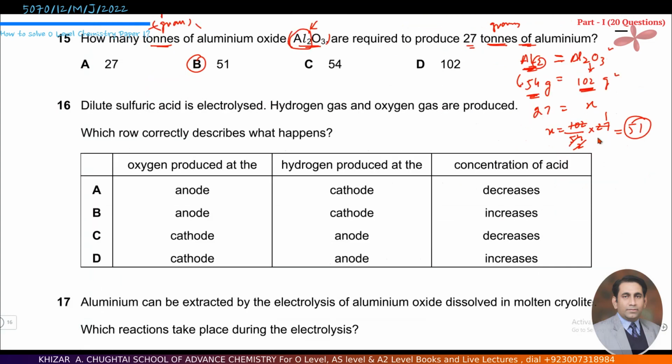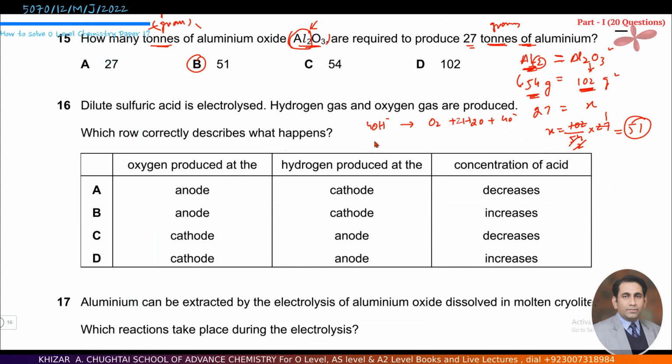Question number 16. Dilute sulfuric acid is electrolyzed. Hydrogen gas and oxygen gas are produced. Which row correctly describes what happened? Oxygen is produced at the anode. In case of H2SO4, OH negative ions move towards the anode, and there is the formation of oxygen gas and H2O, with the loss of electrons.